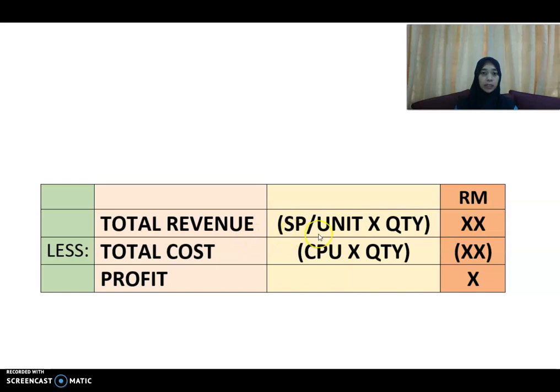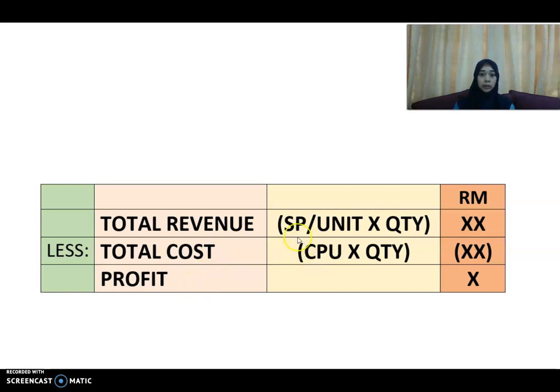That is your selling price per unit times the quantity sold. The question is, how much is the selling price? We want to determine the selling price so that we have a total revenue that should cover your cost, so that it can contribute to a profit.